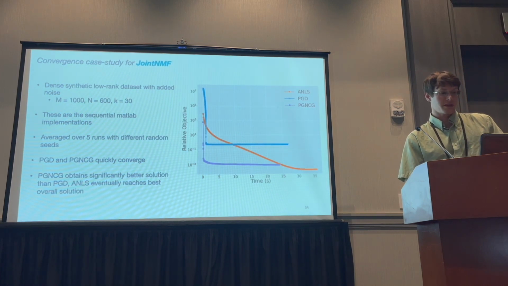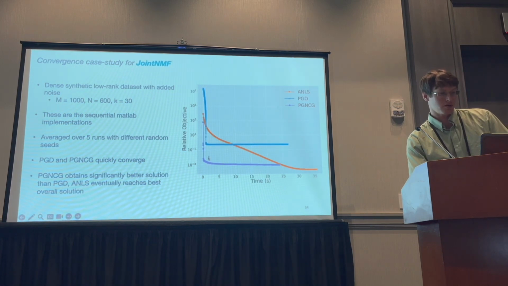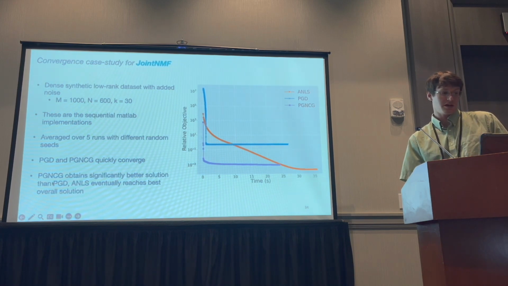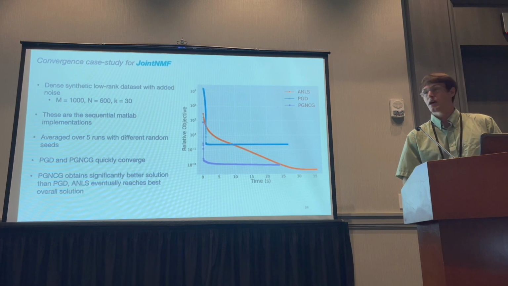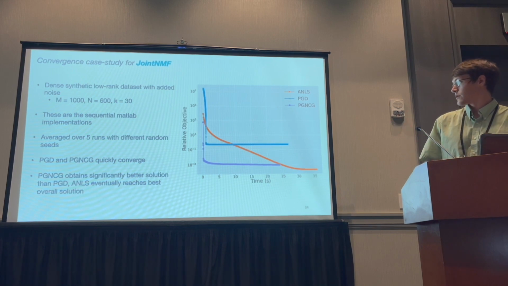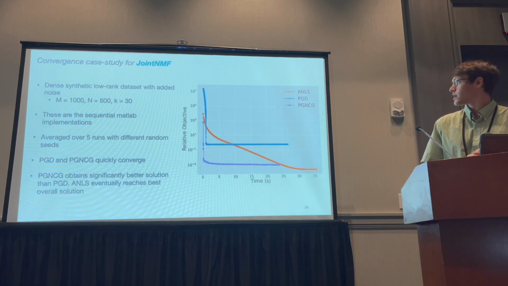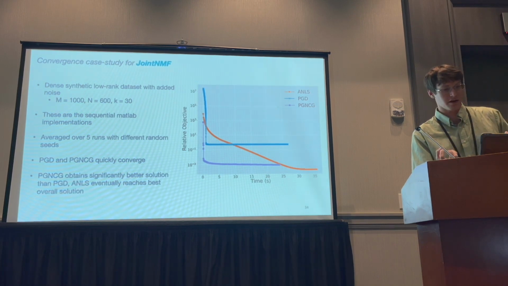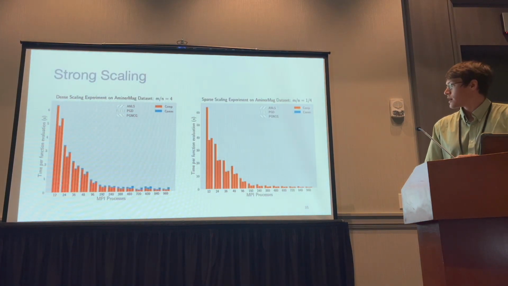From this, we can see that both PGD and CG quickly converge to a solution, while CG obtains a better solution than PGD overall, while the least squares based method eventually reaches the best overall solution. From this, we glean that if you quickly want a pretty good solution, one might opt for the PGD or CG algorithm, whereas if one wants the best overall solution, it can be a toss-up between CG and ANLS.